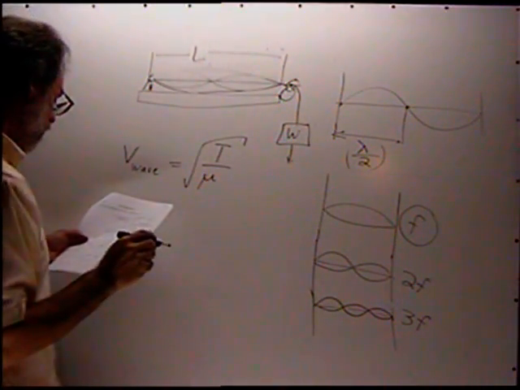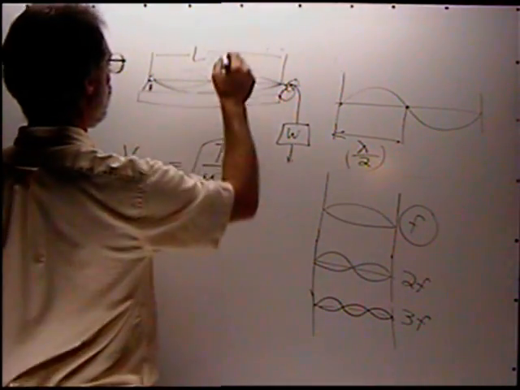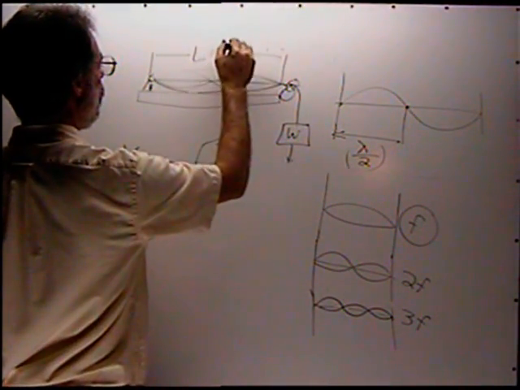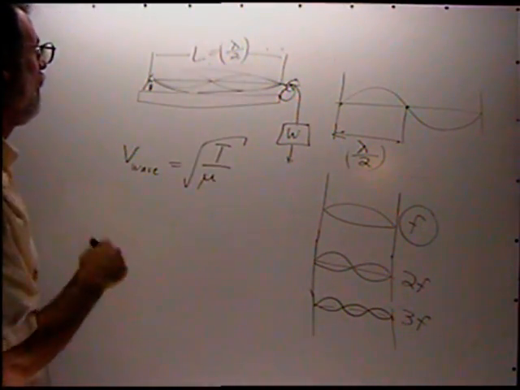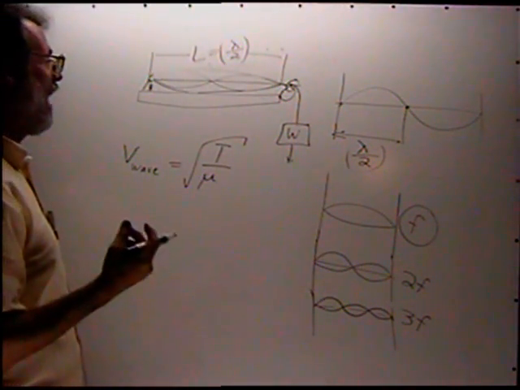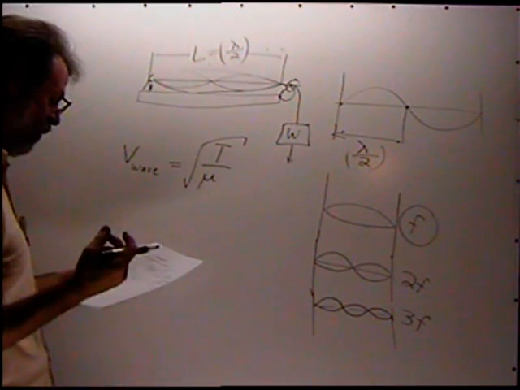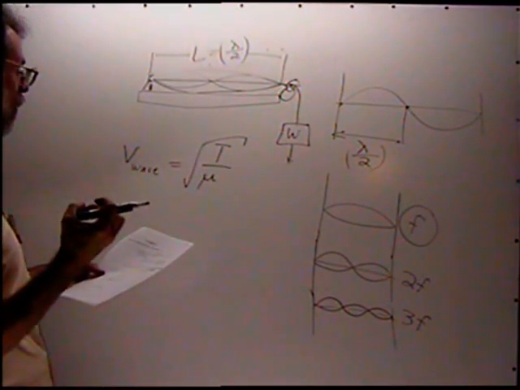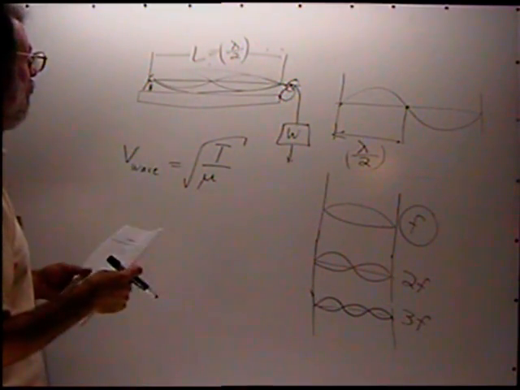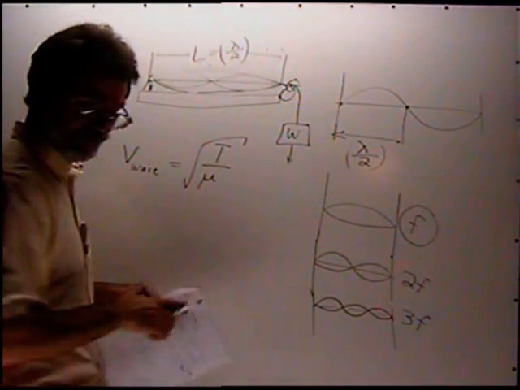And this length basically is now equal to lambda divided by 2. So it's half the wavelength. When we pluck it, it's going to be half the wavelength.